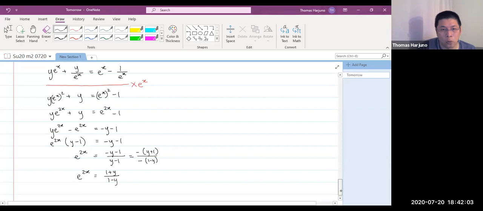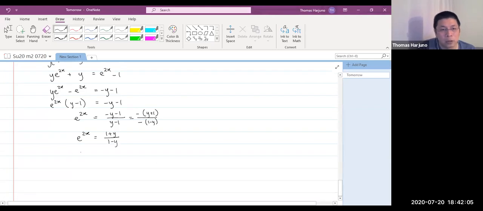And therefore, 2x equals natural log of 1 plus y over 1 minus y. x equals 1 half natural log of 1 plus y over 1 minus y.